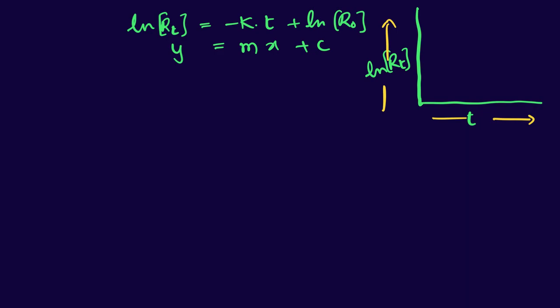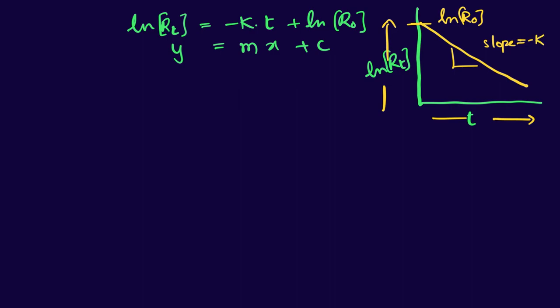According to this it is a straight line, going downward like this. This is called the intercept. That intercept is ln R naught concentration, and the slope is minus k.